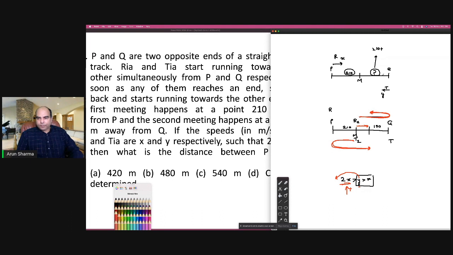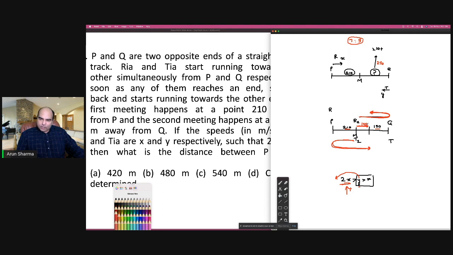At 480, this is 270, which means that the speed ratio is 7:9. Ria का speed to Tia का speed is ratio 7:9, because when Ria is traveling 210, Tia is traveling 270. So if I take 480 as the whole distance, ये बीच का distance, because this is 210 and this is 150, ये बीच का distance 120 हो जाएगा.